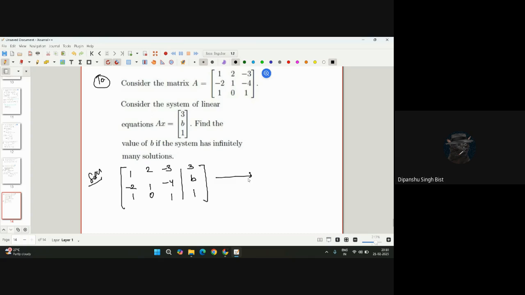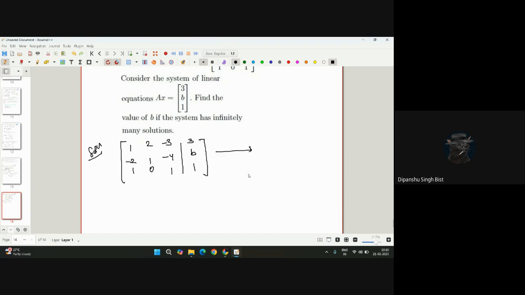Okay, what can we do next? Which 0 can we make? So let's do R3 minus R1. Yeah. So this will make 1, 2, minus 3. Then we have 3 over here, B, minus 2, 1, minus 4.